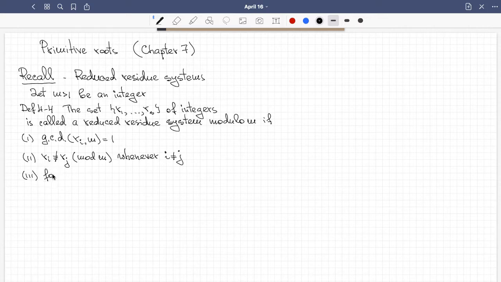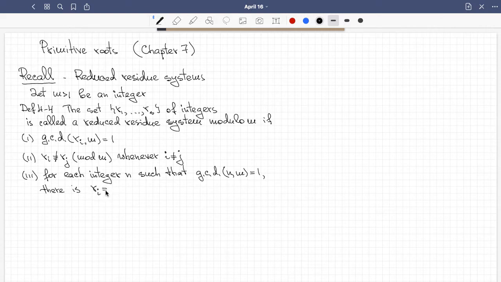So for each integer n such that the greatest common divisor of n and m is 1, there is Ri which is congruent to n modulo m.